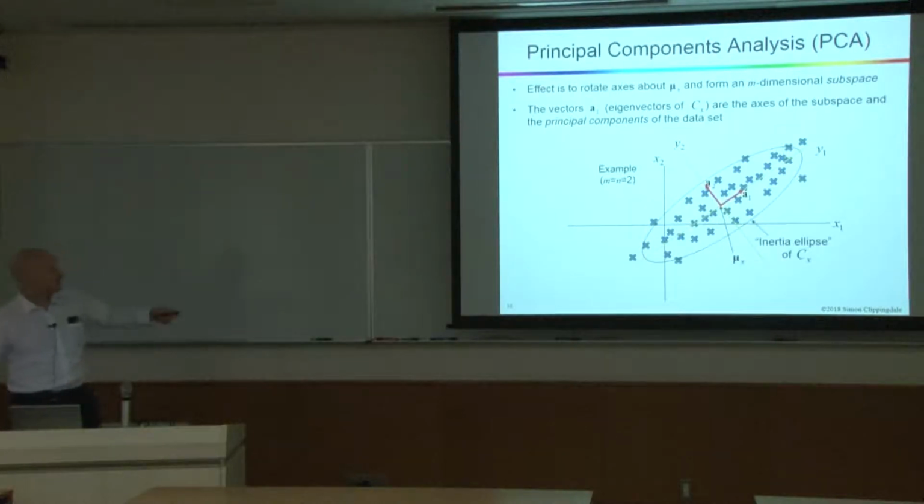In pictures, here's an input signal, two-dimensional. Here are the various example data, the data in our example set. And you can see that there's a general trend here that as x1 increases, x2 tends to increase as well, because the set is generally distributed along this kind of axis here.